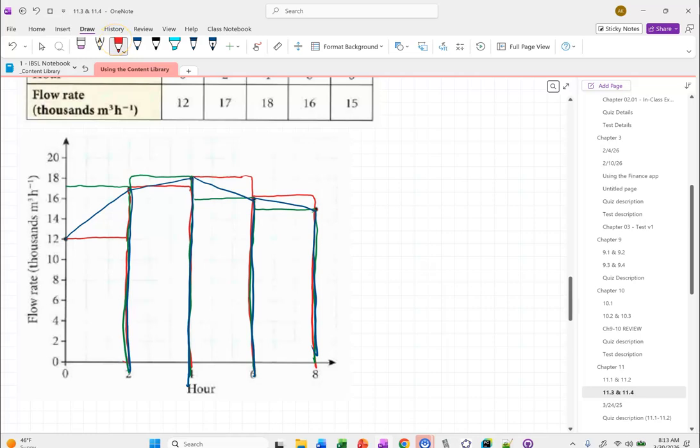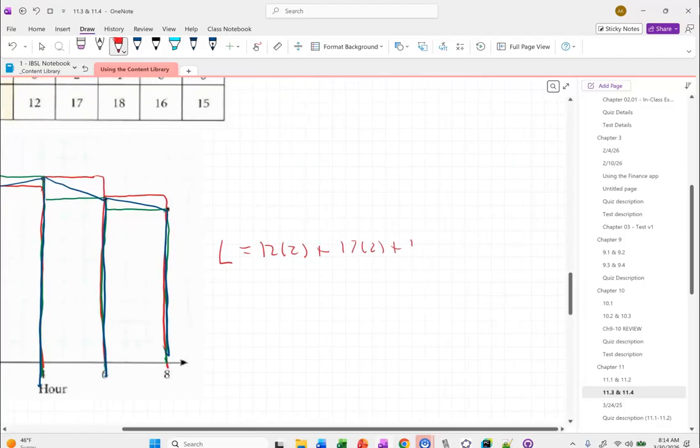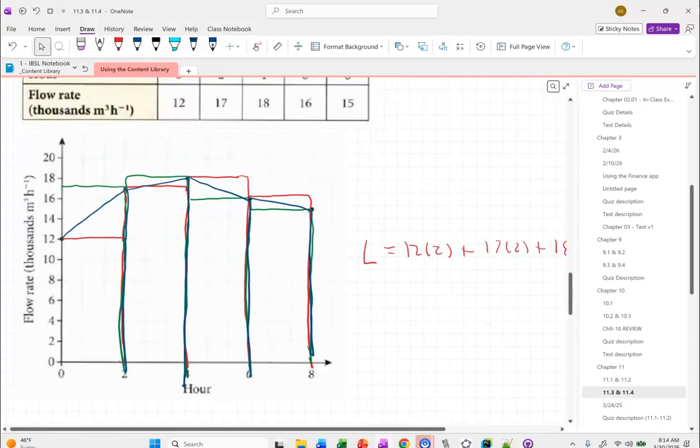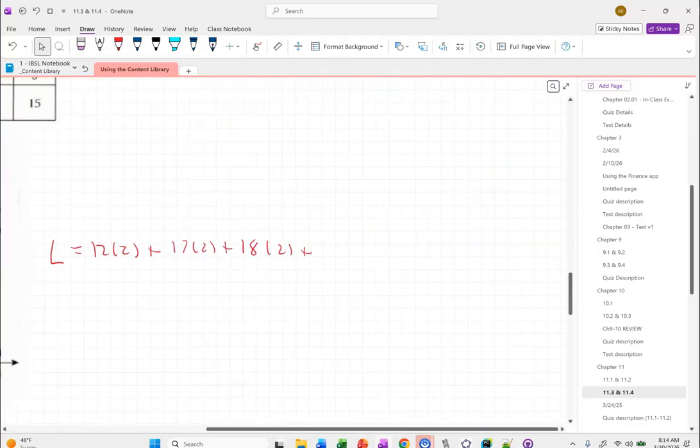So again, if I did left hand, I would have, this is 12 high and 2 wide. This one was 17 high and 2 wide. This one was 18 high and 2 wide. And this last one was 16 high and 2 wide.